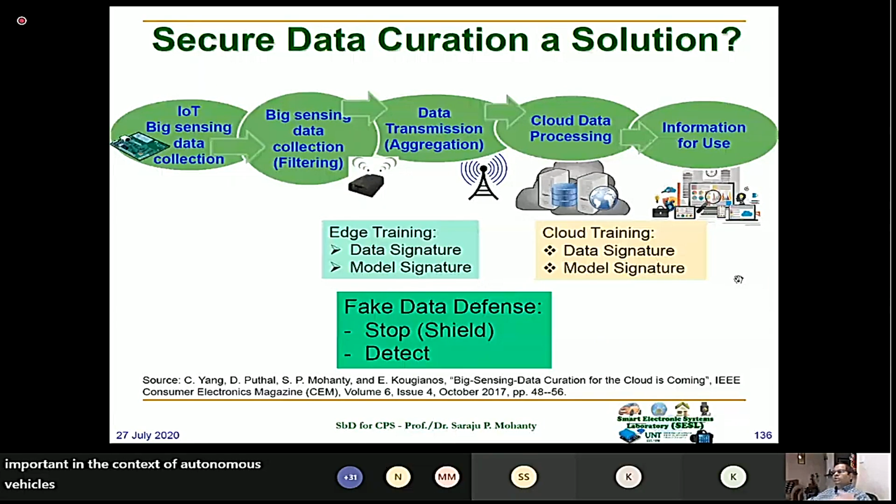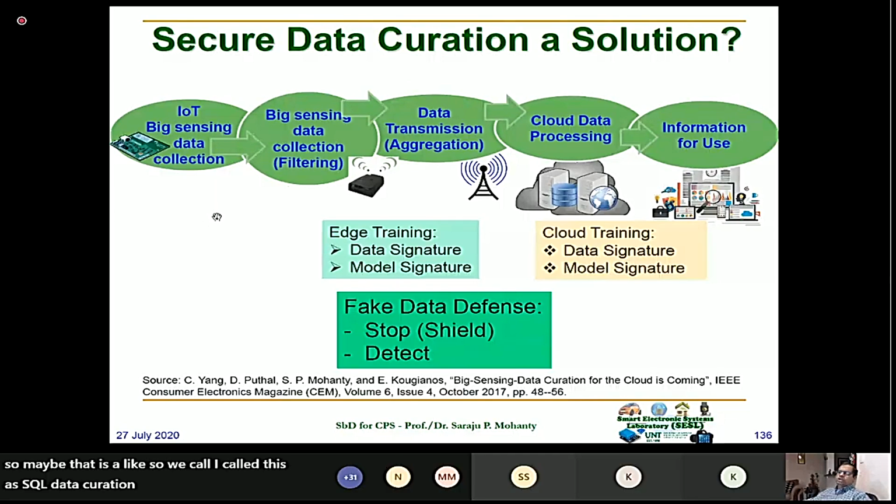So I was thinking we need to completely see the life cycle of the data, where the data originates and where it is modeled. We probably need a certain kind of framework so that from the source to the destination, everywhere we have some level of protection. So I call this secure data curation.